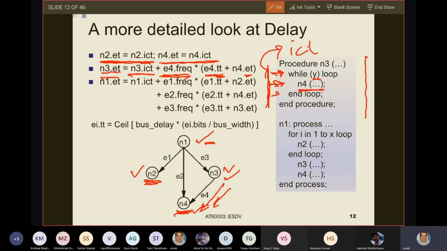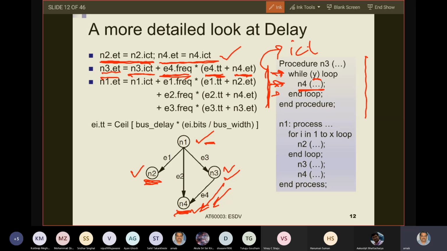And not only the transmission time, it must also execute the n4 function, which is given by n4.et. n4.et we have already found out in this step. So the total execution time of n3 will be given by this.